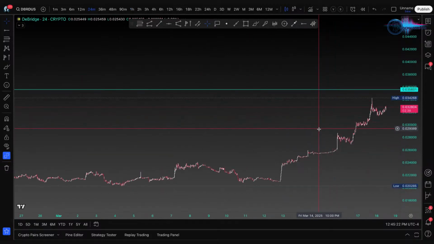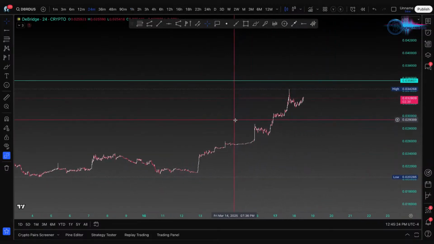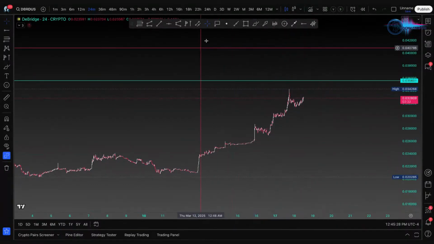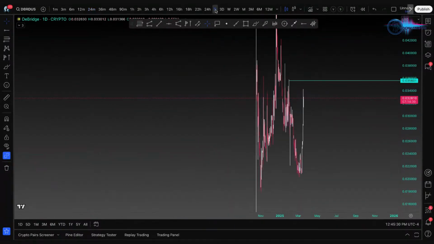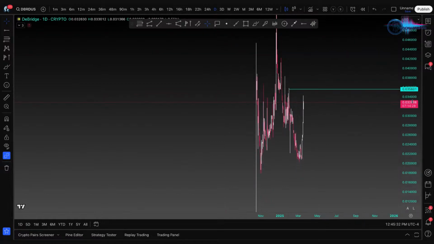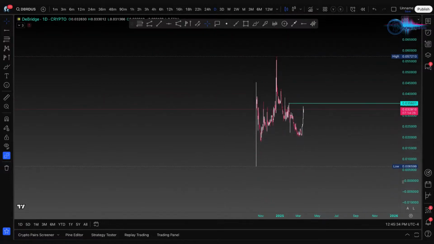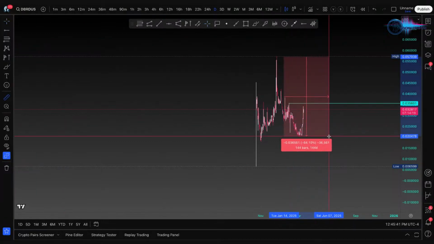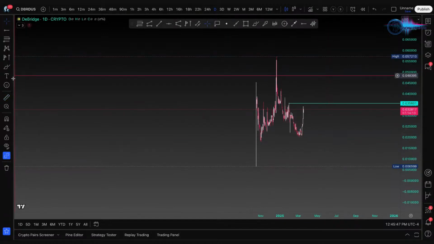24-minute, again, looks decent. I mean, this thing actually looks strong right now. All right, so this thing was down. It went down 64%, looks like most of the alts.